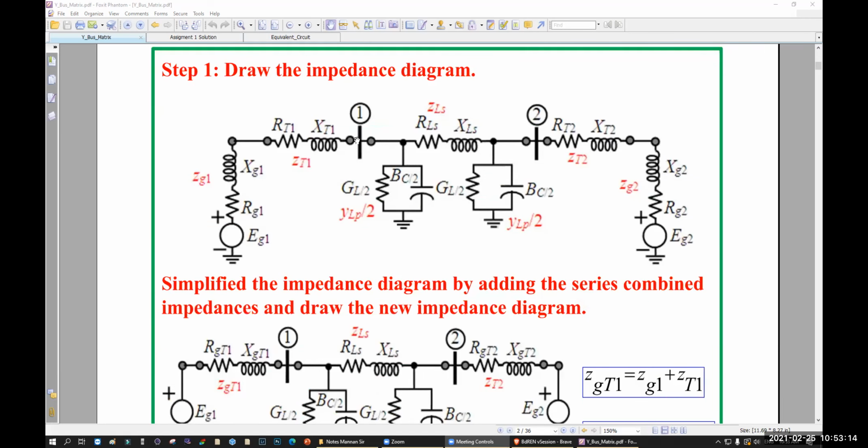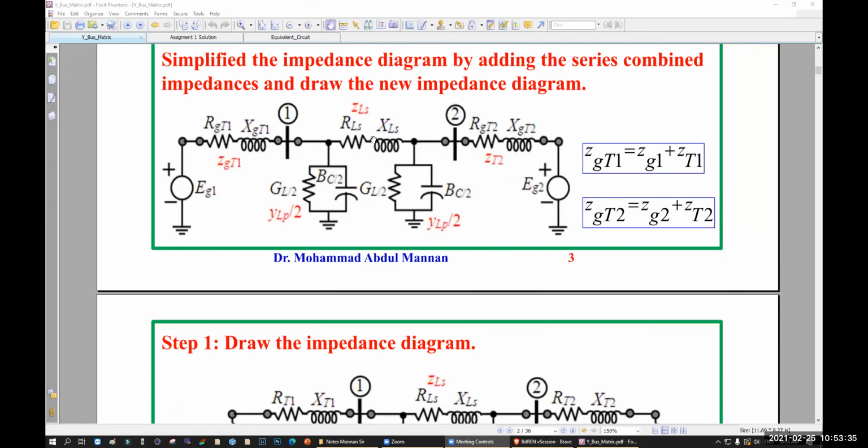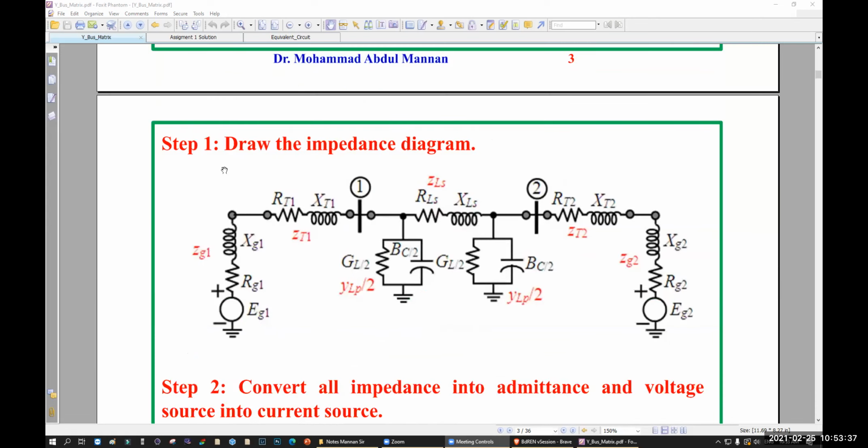So here you have one bus, here you have one bus. So this part we can combine together. How? Resistance plus resistance, reactance plus reactance. This part we can combine together too. Resistance, resistance, reactance, reactance. So this is the series combination. So we combine together. Then what? We can draw the impedance diagram.